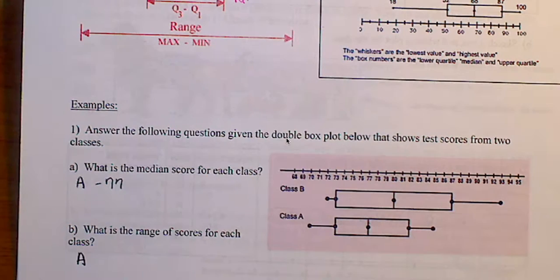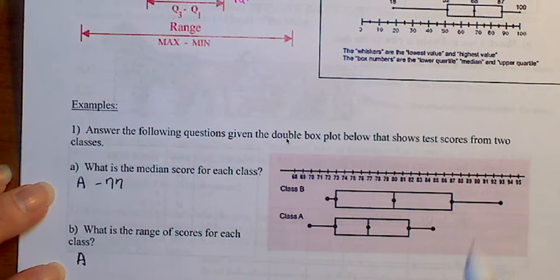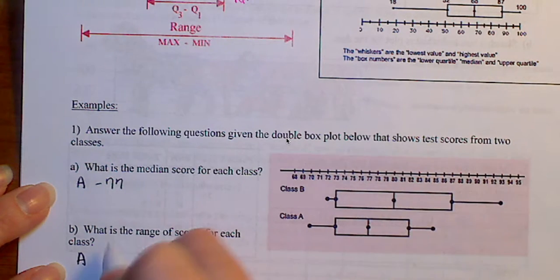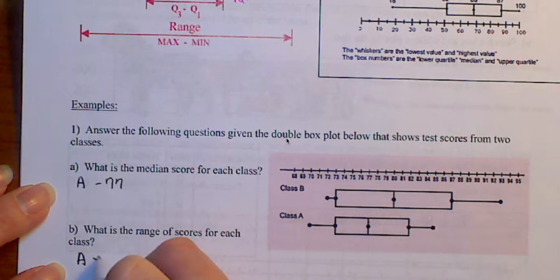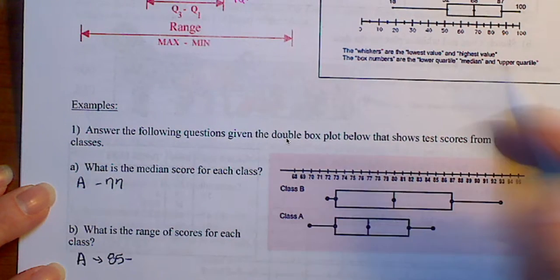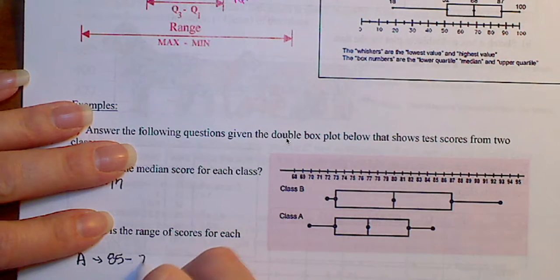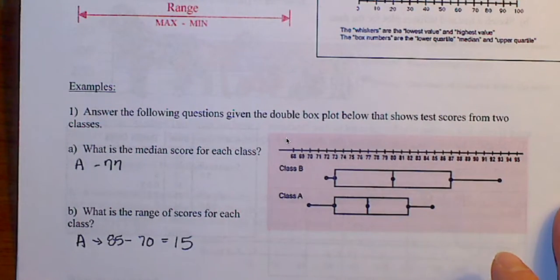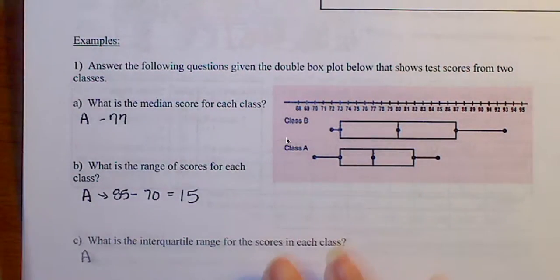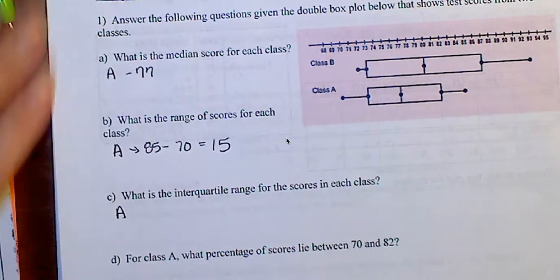Okay. The range for Class A, now this is just asking for range, so you're going to take the high value, which is 85, and subtract the low value, which is 70, and that means the range is 15. Okay. And then the interquartile range is the range of the box.